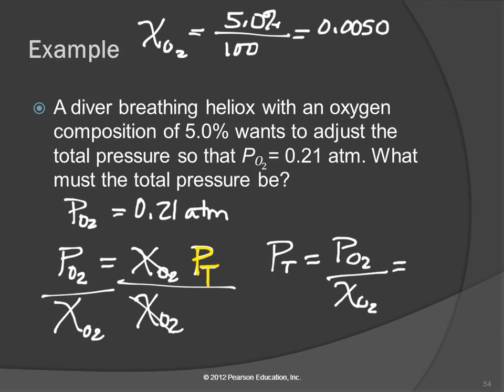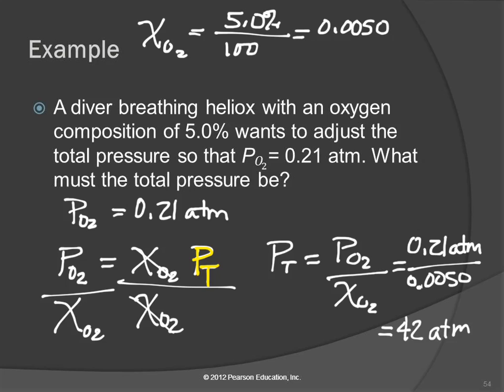So that is 0.21 atmospheres divided by 0.0050. And that equals 42. Seems really high. Oh.